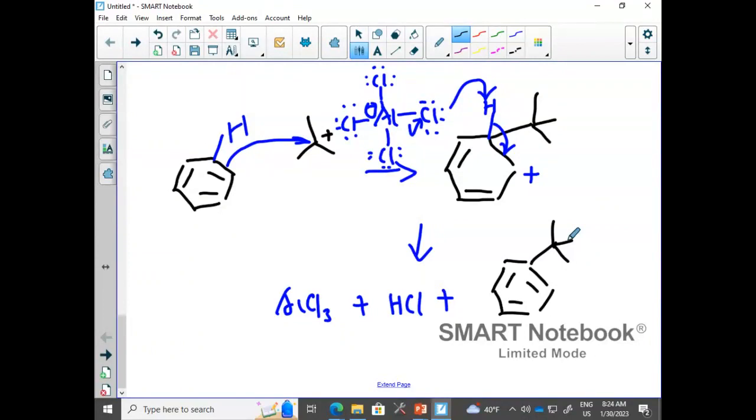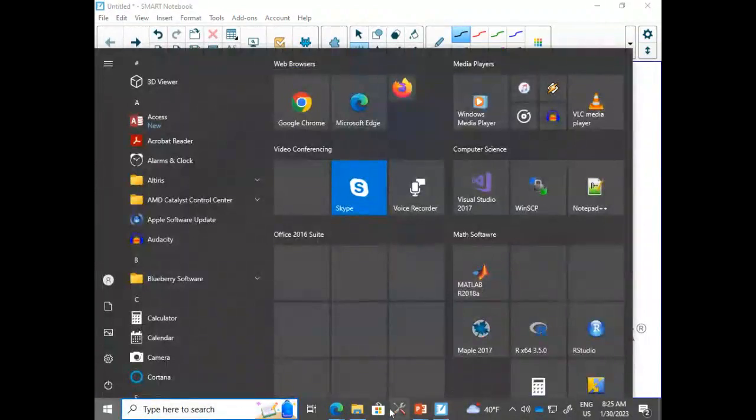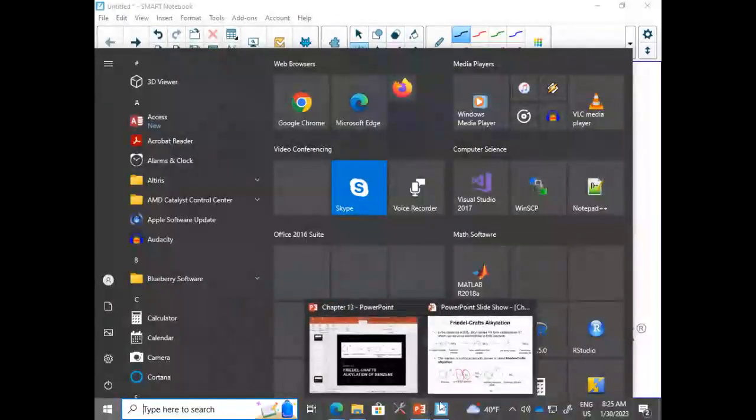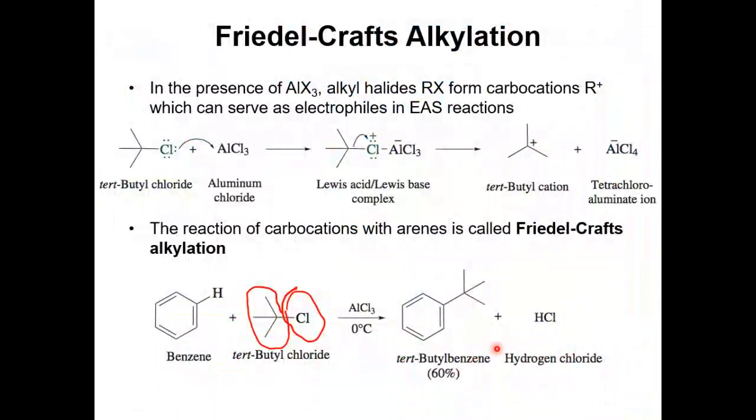Although the original Friedel-Crafts alkylation reaction used aluminum chloride as a catalyst, the generalized Friedel-Crafts reaction includes any reaction that involves a carbocation as the electrophile reacting with the aromatic ring.